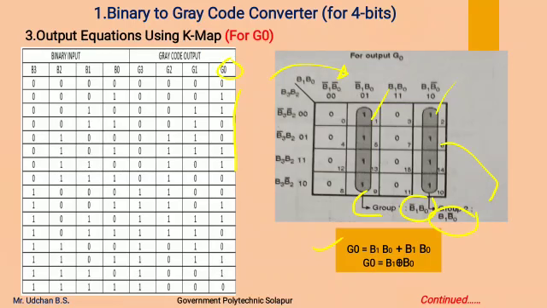So for G0 we get the equation B1 bar B0 plus B1 B0 bar. Again this equation also seems like an equation of an XOR gate, so the G0 equation is written as B1 XOR B0.